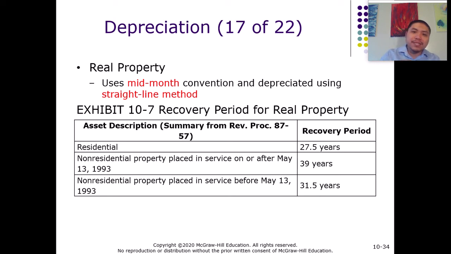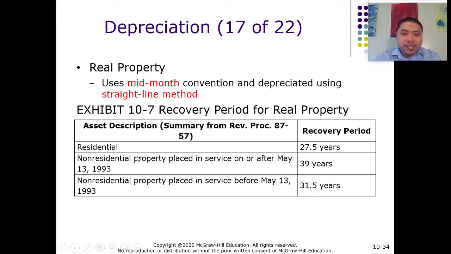We have to use the mid-month convention, which is even more strict. And the recovery period for real property is also different from tangible assets, because real properties usually have longer lives than other assets. Depending on the type of property, we have a different recovery period.